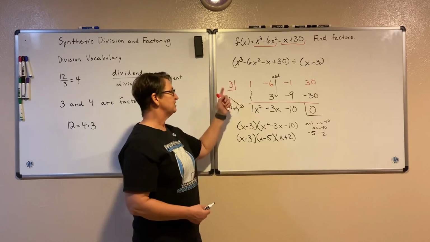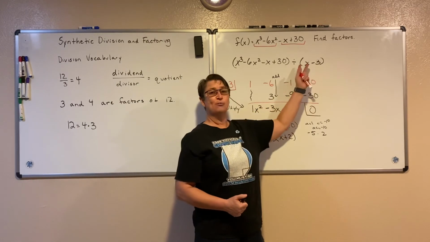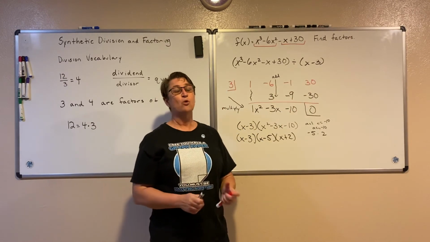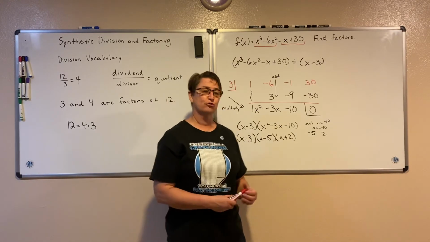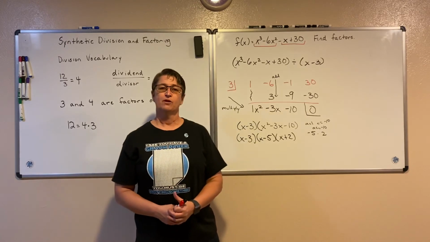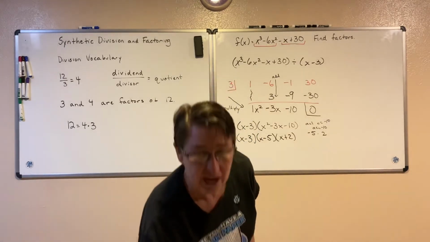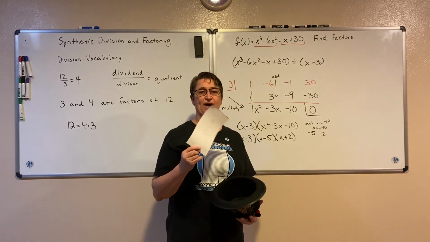So we can use synthetic division to help us see if a binomial is a factor of that polynomial. And then once we find a factor, it helps us then to factor it all the way completely down to its linear factors. Now, the question is, how did I know in my magic hat that x minus 3 was a factor?